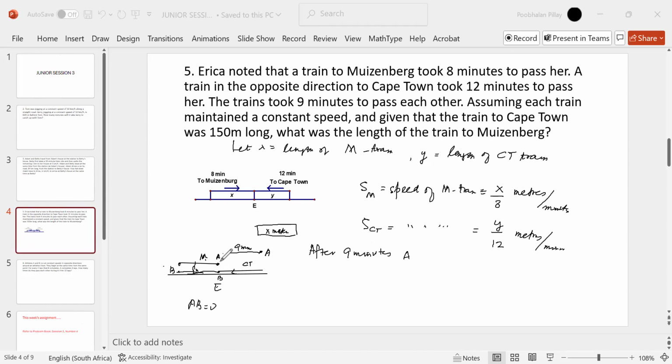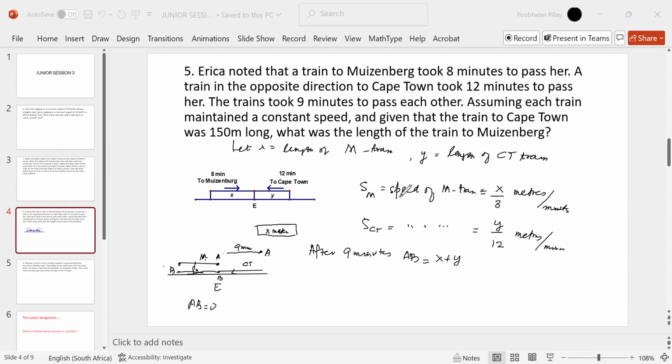And after 9 minutes, A is here, and B is there. So the distance between them is x plus y, because one of them is y, one of them is x, right?